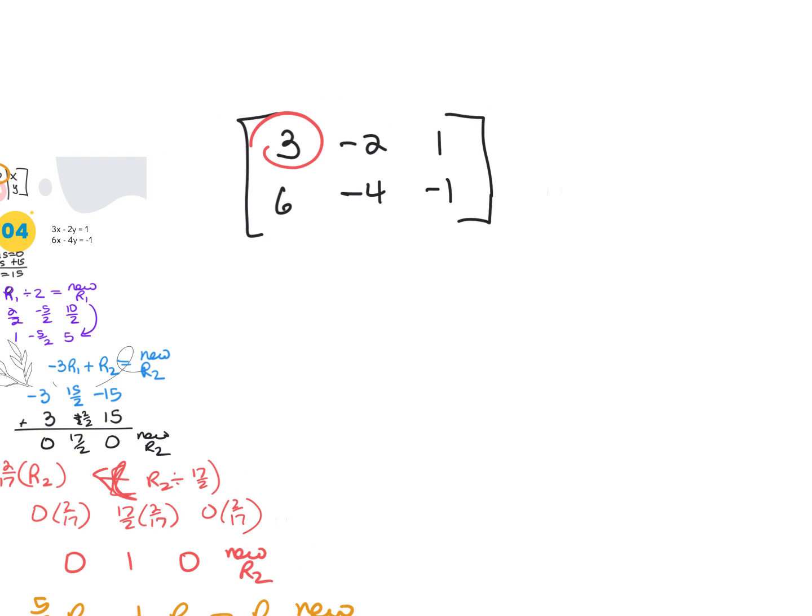So I'm going to take row 1 and I'm dividing it by 3. So 3 divided by 3, -2 divided by 3, 1 divided by 3. And then I get 1, -2/3, and +1/3. This is my new row 1.